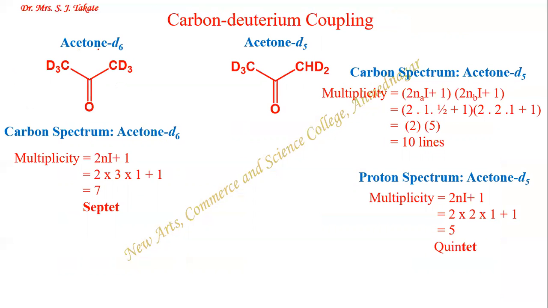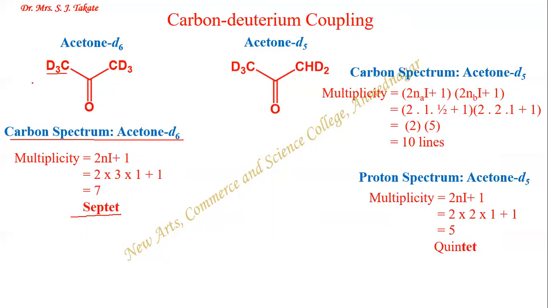This is acetone D6, that is, all the hydrogens of acetone are replaced by deuterium. In the carbon spectrum of this compound, acetone D6, the signal of this deuterated methyl group: both the methyl groups are identical, therefore they show only one signal, and the multiplicity is 2nI plus 1, 2 into 3 into 1, that is 6 plus 1, 7, that is we get a septet.